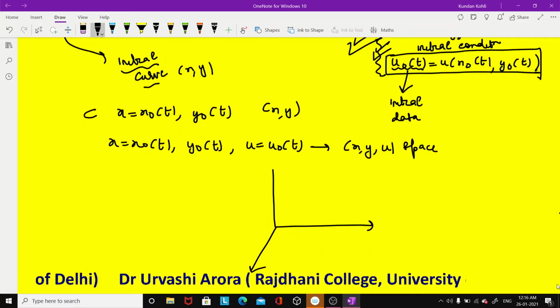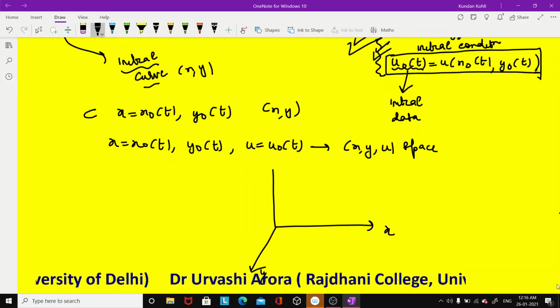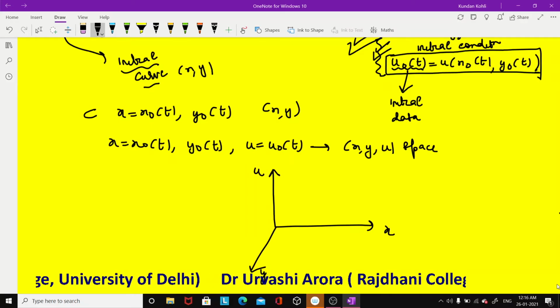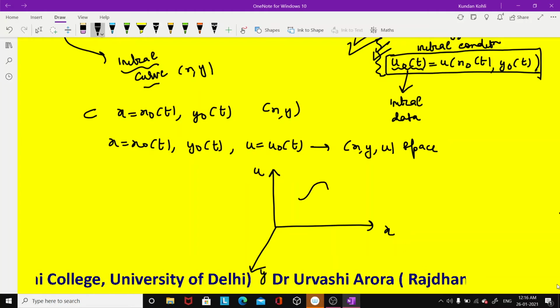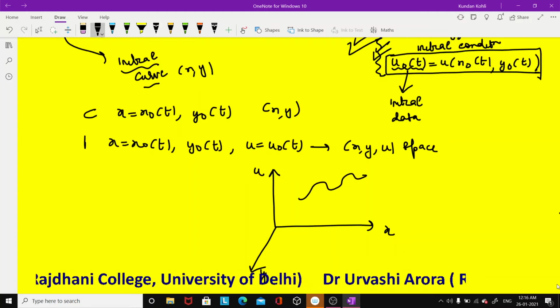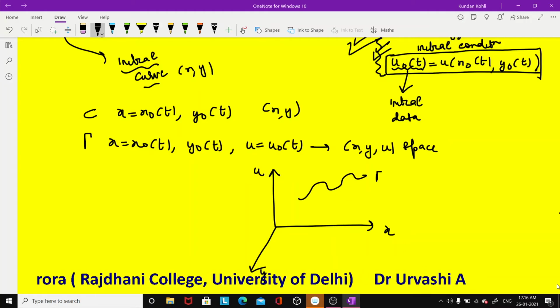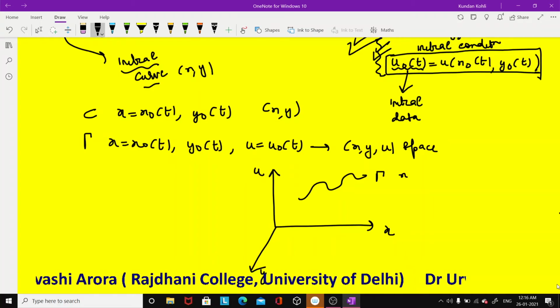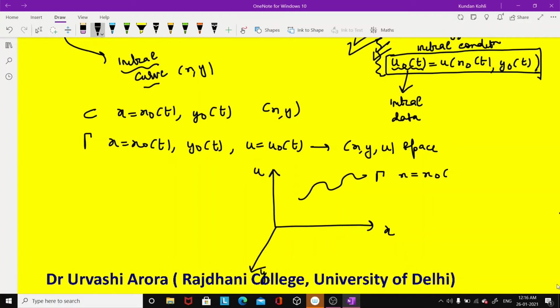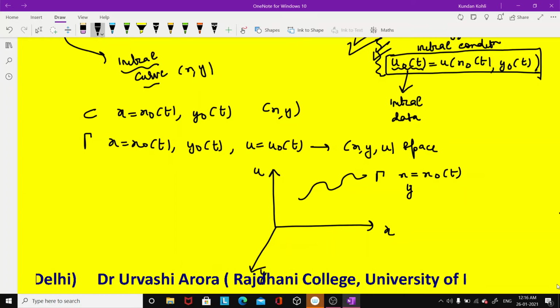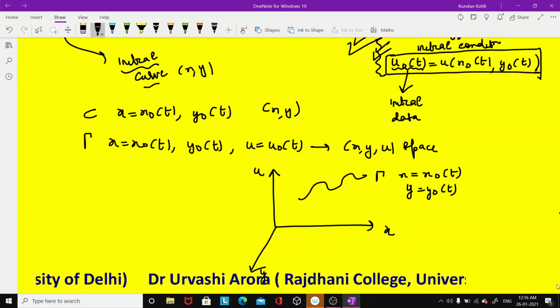This is your x-axis, this is your y-axis, and this is your u-axis, and if I call the curve gamma, then your curve gamma would be this, where the equations of the curve gamma are x is equal to x naught t, y is equal to y naught t, and u is equal to u naught t.